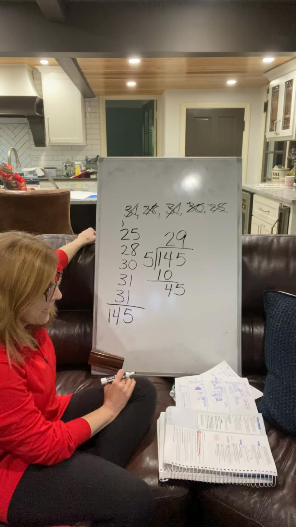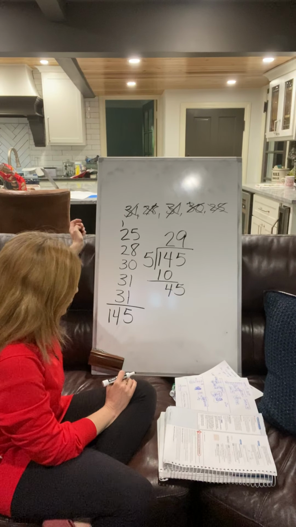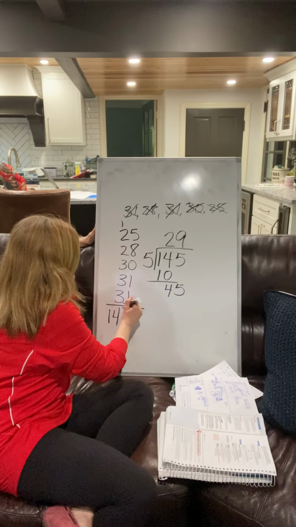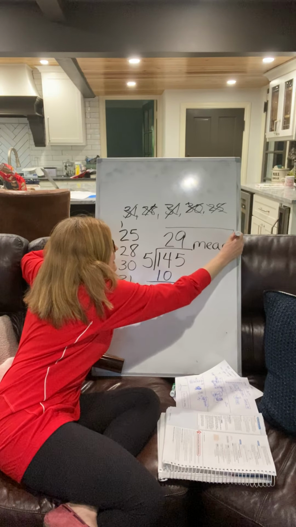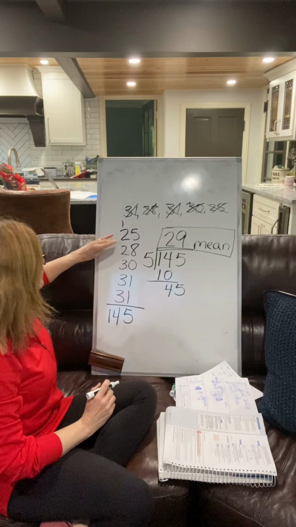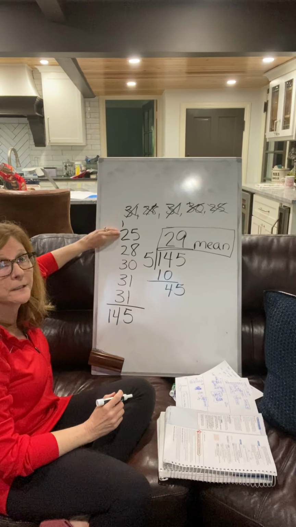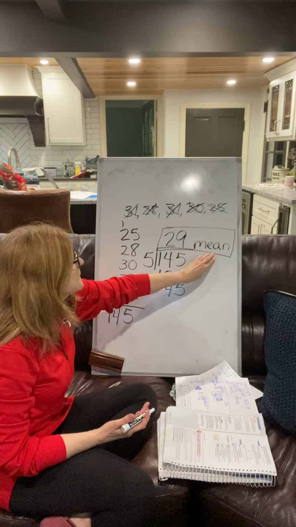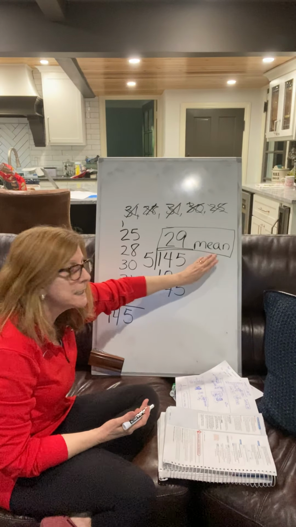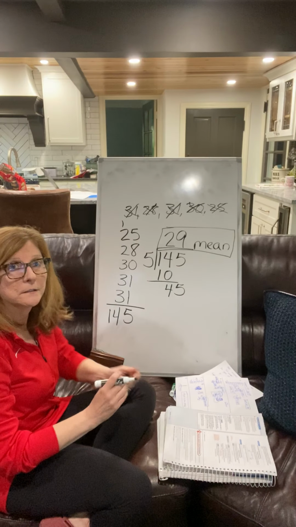So my mean for this group of numbers is 29. And notice I don't have a 29 over here. I don't have a number that's 29, but 29 is my average, or my mean, of all of these numbers.